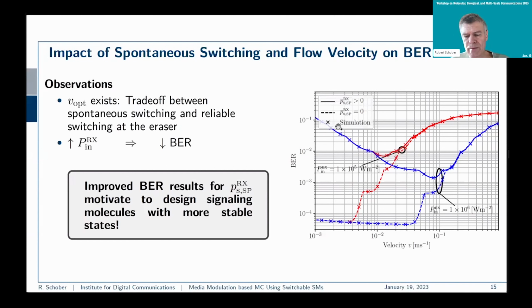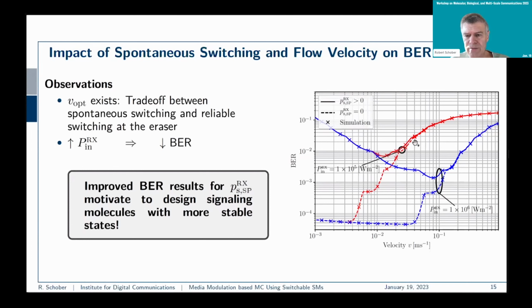Now, where does this come from? Well, if your velocity is too low, then there will be a lot of spontaneous switching in the channel because your molecules take a long time to make it from the transmitter to the receiver. And this increases the error rate.